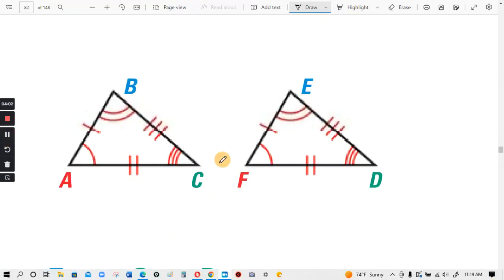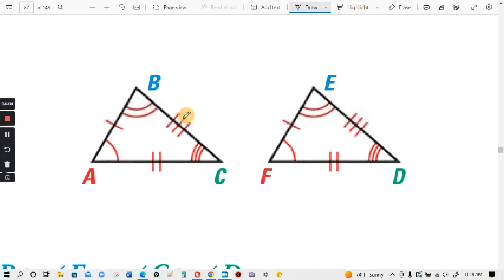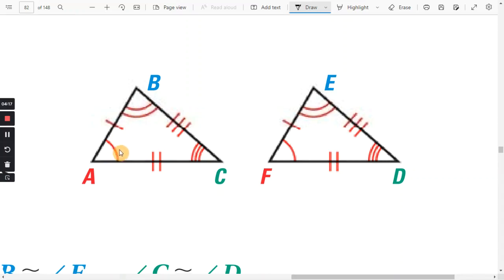Now here is the diagram, and you can see the sides that match have the same number of tick marks on each side, and the angles have the same number of marks as well. So we can see from the number of marks, angle A is going to be congruent to angle F. Angle B matches angle E. Angle C matches angle D. The same thing is true for the sides.